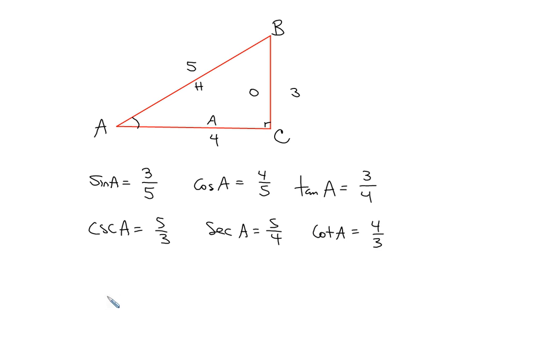That's it. Now, what if instead of looking at angle A, we looked at angle B instead? Well, now what switches here? The opposite and the adjacent, because now opposite is 4, adjacent is 3. Does the hypotenuse change? No, because it's always across from the 90-degree angle, and that didn't move. So what would sine of angle B be?